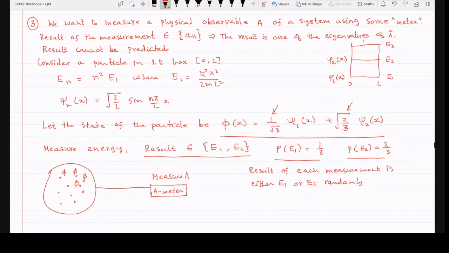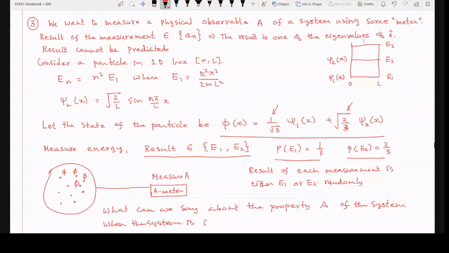So now you can ask a question. What can we say about the property A of the system when the system is in state phi?